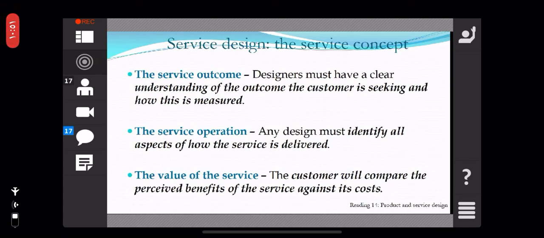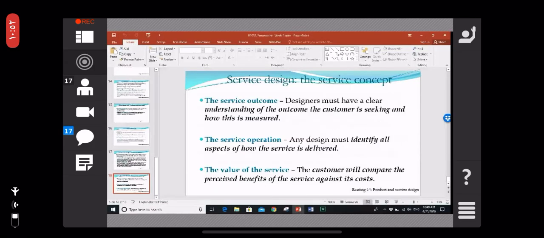This is basically a comparison process, cost and benefit. How much it cost and how much benefit I am getting. So it's basically the balancing. So the value of the service. That was the end of your week number 9.